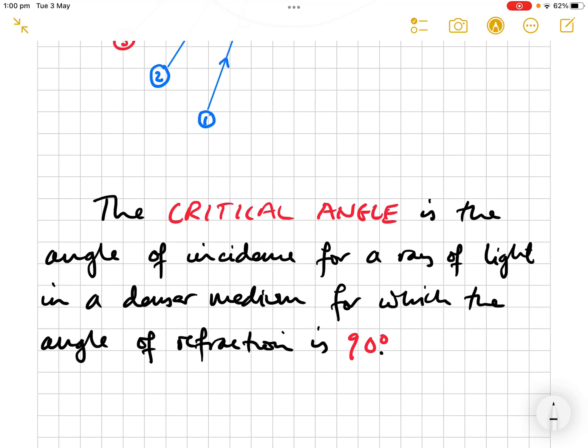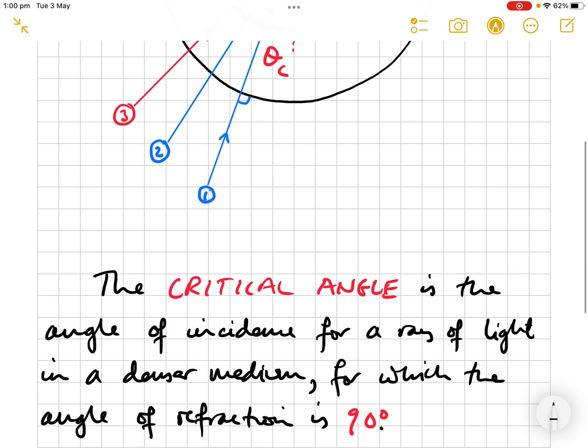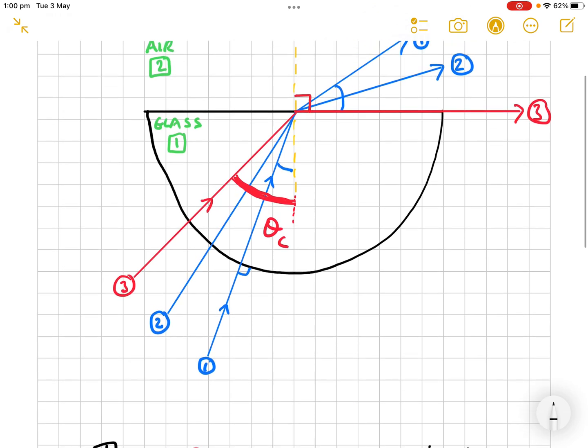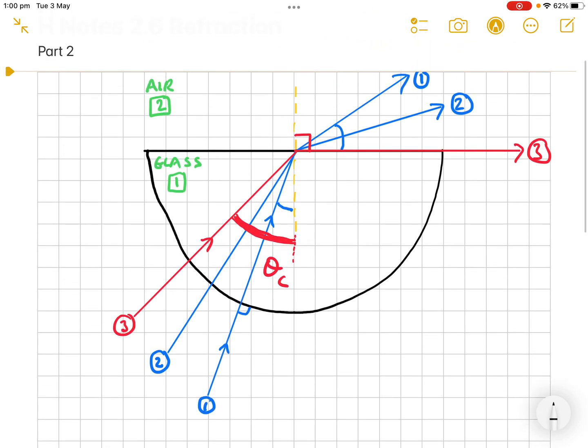The critical angle is the angle of incidence for a ray of light in a denser medium for which the angle of refraction is 90 degrees. And that's the red coloured ray shown above.